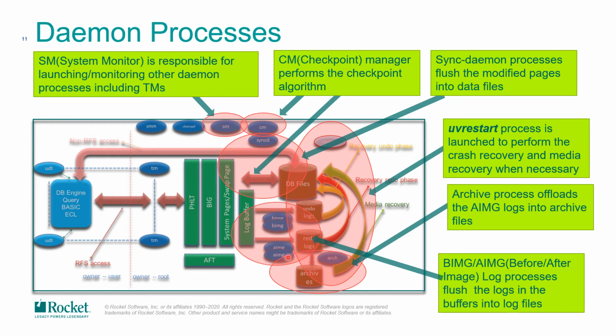And the archiving process offloads the after image log files to the archive log files. The other process is the UV restart process, which will be launched to perform the crash recovery and the media recovery when necessary.